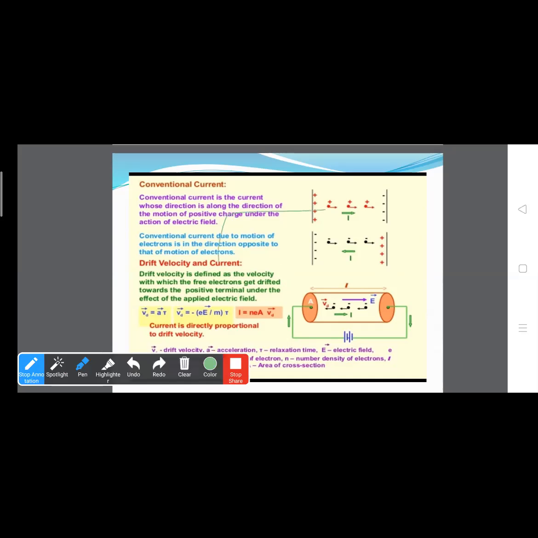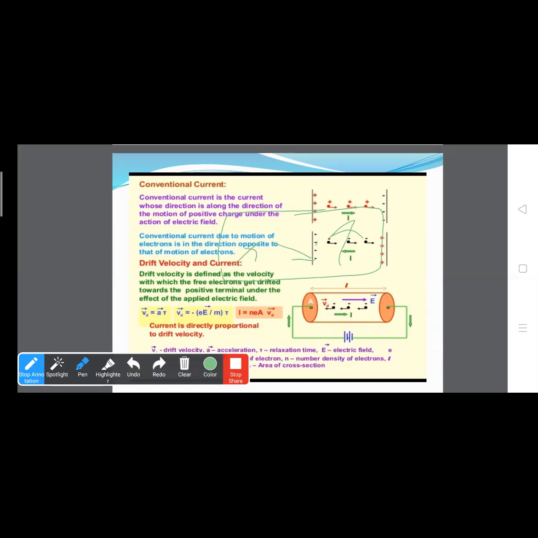This is the conductor, and electrons move in random directions, and they have different velocities.